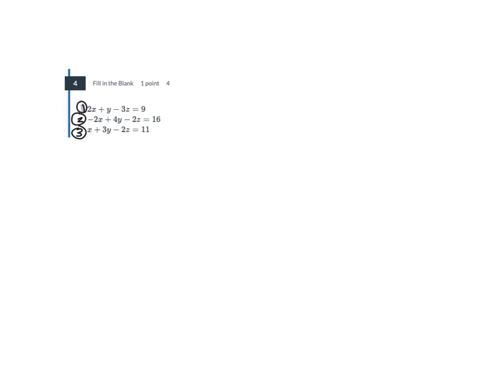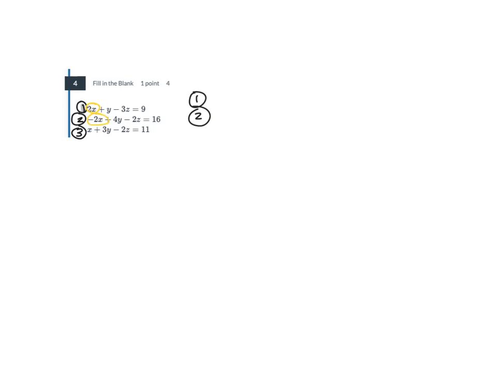So that means I need to evaluate each equation to see which 2 would be easiest to eliminate one variable, to create a situation that has an equation with just 2 variables. So I'm going to look at equation number 1 and 2 because equation 1 and 2 have a 2x and a negative 2x.